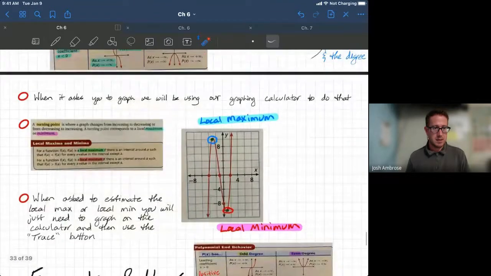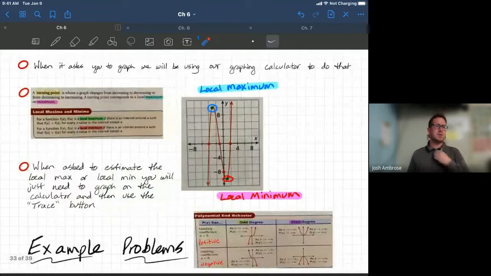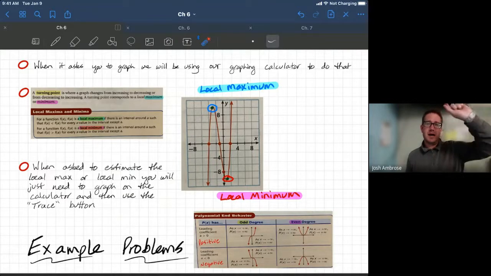And a little bit more info here. When you're asked to graph, of course, use the graphing calculator, and then they're going to ask you, what's an estimate of a local maximum? That's going to be the highest point right before it drops back down again.